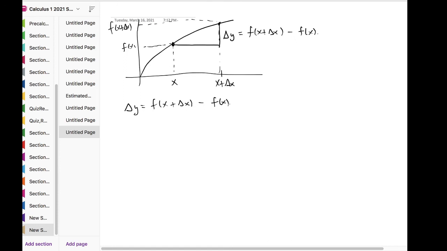Okay, so let's do a practice problem. Just give me a moment. Okay, so let's calculate the differential.